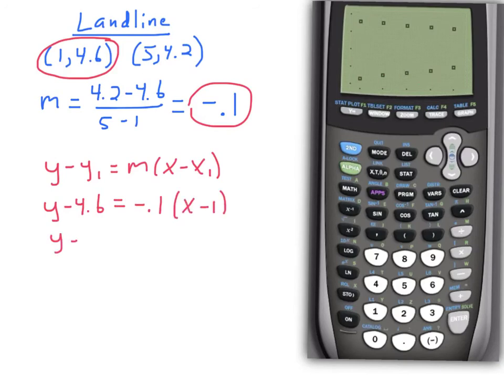And then we'll distribute. So we get negative 0.1x plus 0.1, and then add 4.6 to both sides. So we end up with y equals negative 0.1x plus 4.7.